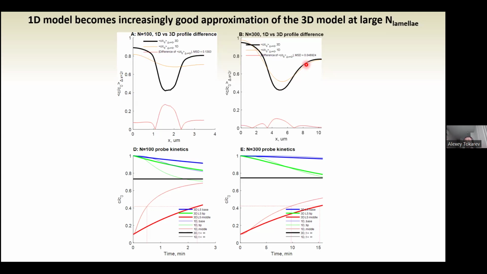Profiles become closer. The difference between them becomes less, and kinetics in the center part becomes also closer. So here we see kinetics in the three-dimensional model in the center part of the cone and in the one-dimensional model. Okay, this is for a small number of lamellae, and this is for 300 lamellae. So they become closer and closer.